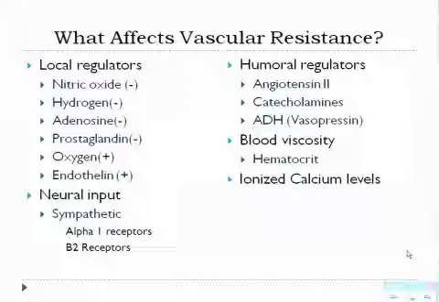It's maybe multiple factors. But vascular resistance is very importantly regulated by local regulators, which are the endothelial cells of every single blood vessel in your body, which release certain kinds of compounds that affect the vascular tone around that area.